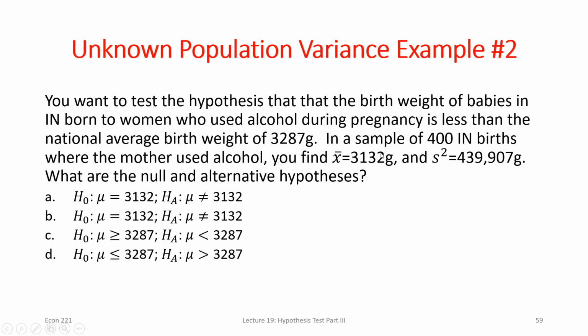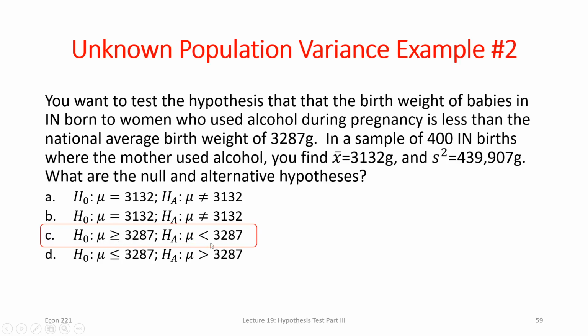You're not putting that sample mean as that value. It's some value that maybe you see reported or that someone tells you that you want to test against, whether it's less than, greater than, or not equal to that value. So here we're looking at less than as our alternative. We'll assume the opposite is true for the null, which is that it's greater than or equal to that value. Okay?